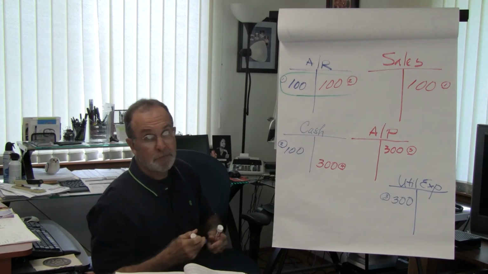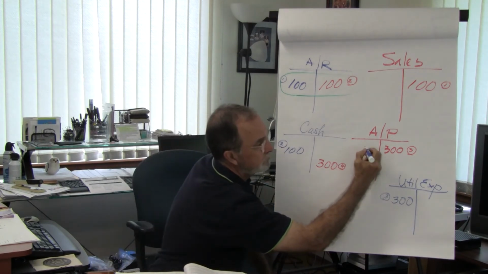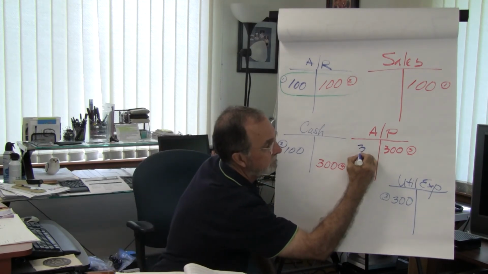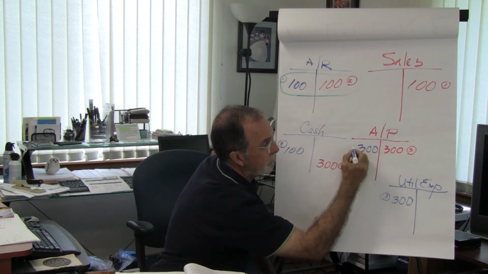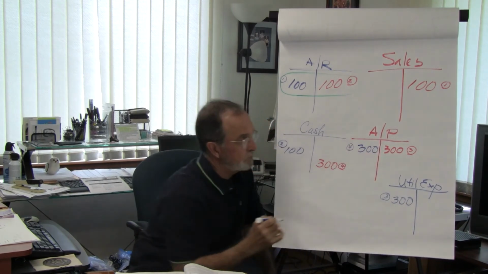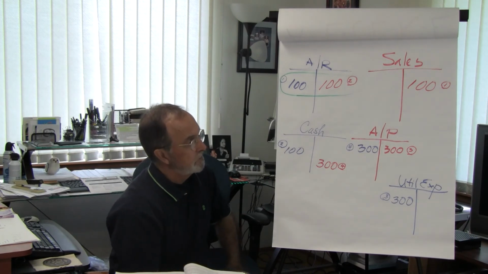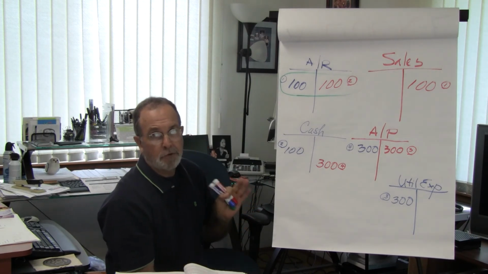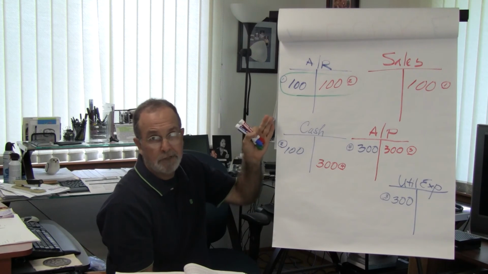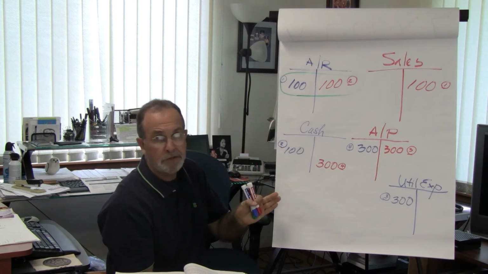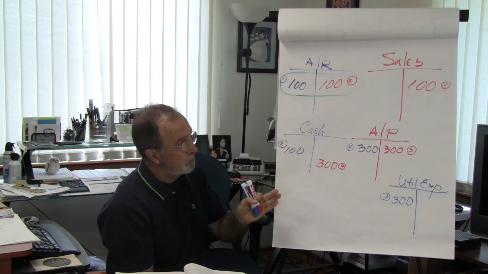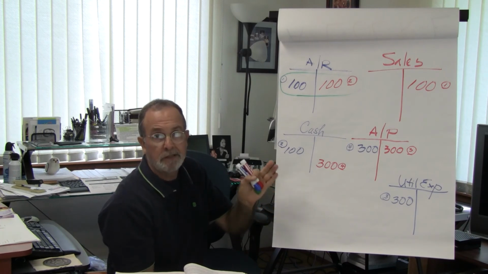And in the accounts payable account, we would debit the amount of the payment to accounts payable. So just as it worked in the revenue example with accounts receivable and sales, it works the same way with an expense and accounts payable.